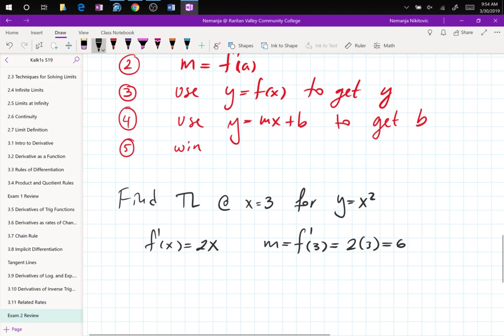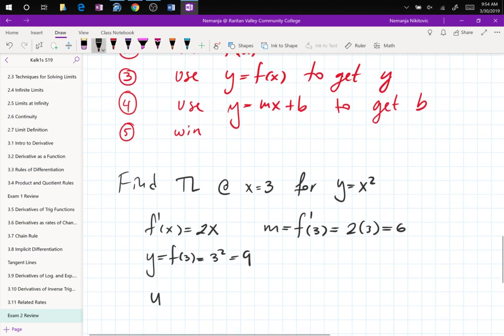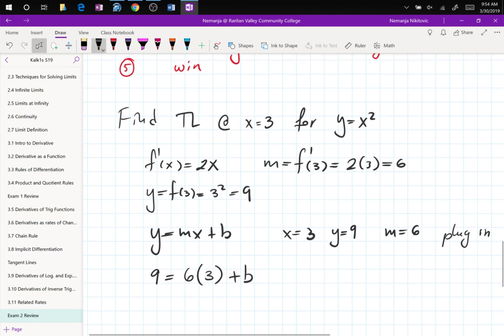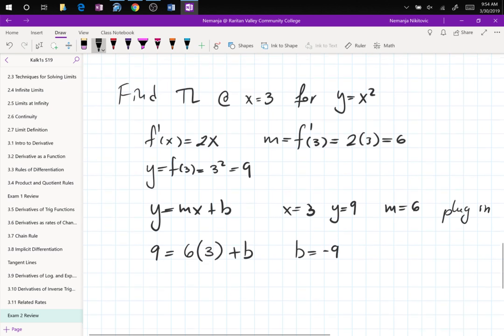Now I don't have y yet, so y is f of 3, that's 3 squared, which is 9. So I have x, I have y, I have m. So y equals mx plus b: x is 3, y is 9, m is 6. Plug in. 9 equals 6 times 3 plus b, so b is negative 9. And win, right? 6x minus 9.